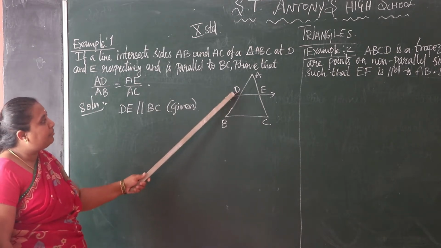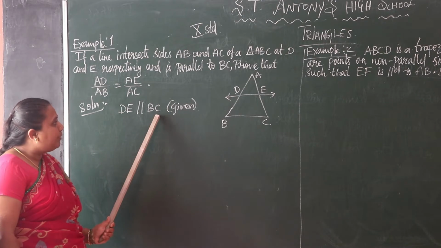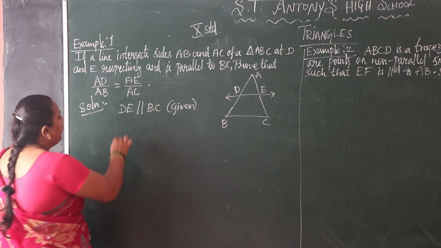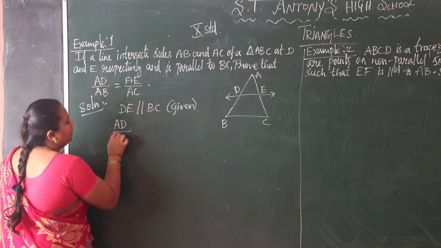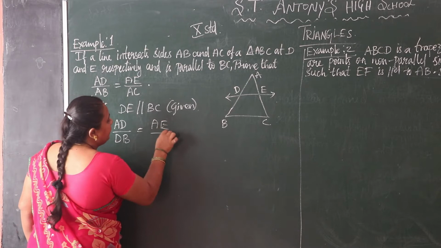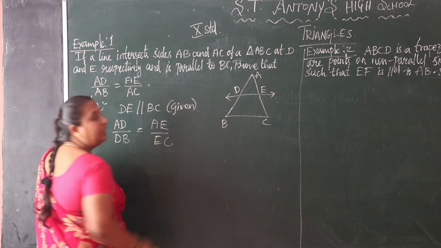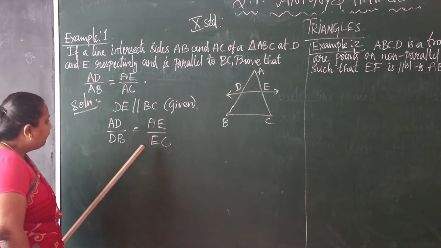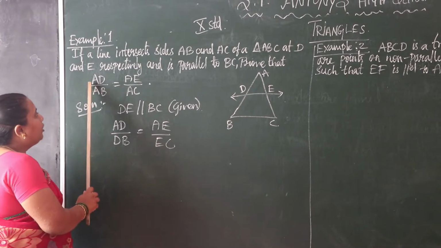So from this, DE is parallel to BC, by the theorem we can write AD by DB equals AE by EC, by BPT theorem.